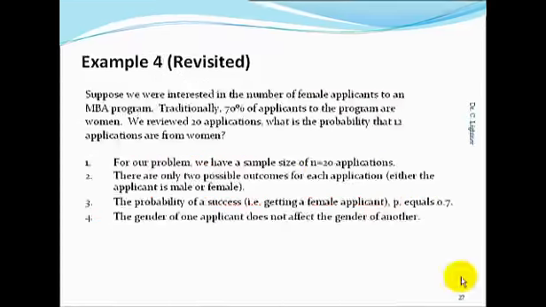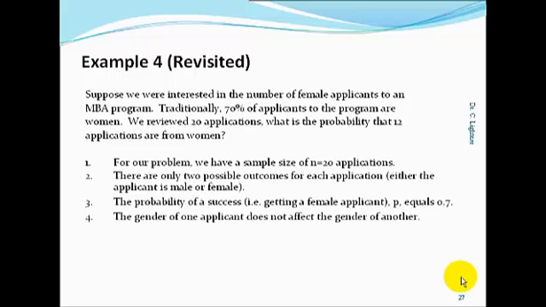Now let's apply this formula to another example. Recall our MBA example, where traditionally 70% of the applicants to the program are women. For this example, we reviewed 20 applications and want to compute the probability that 12 applications are from women. On previous slides, we went through our 4 properties for binomial distribution in order to determine our parameters.